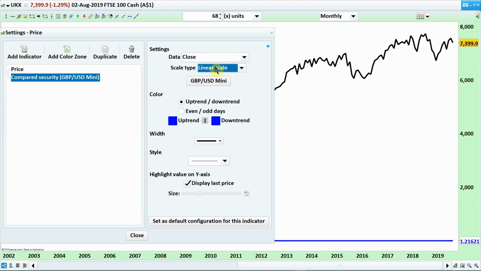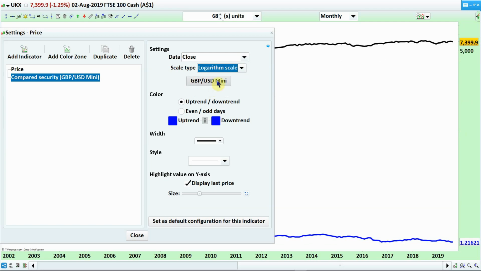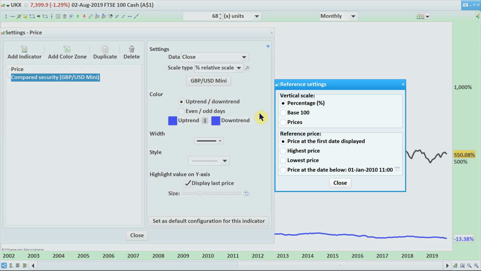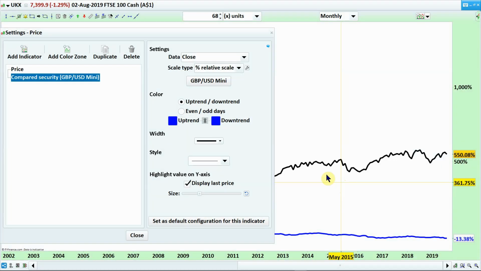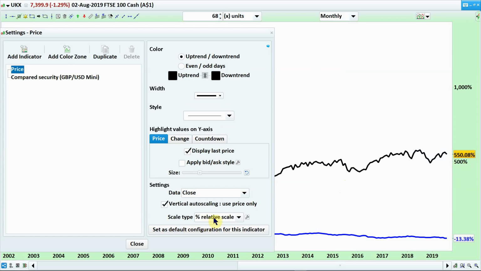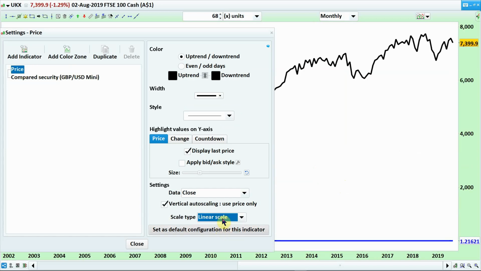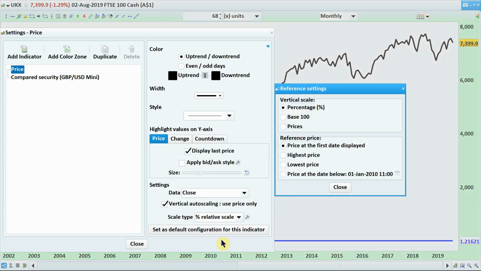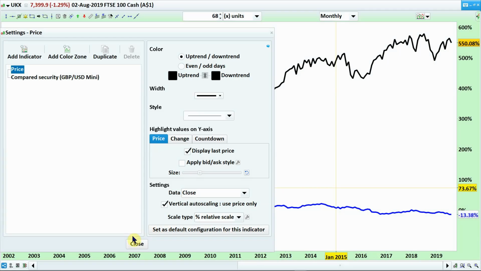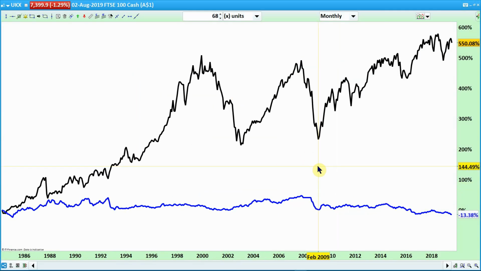Oh my god, linear made it flat. Unbelievable. Very hard, very difficult. Nothing. I think it's safe to say there's no correlation. Really no correlation, isn't it? Yeah. No correlation.